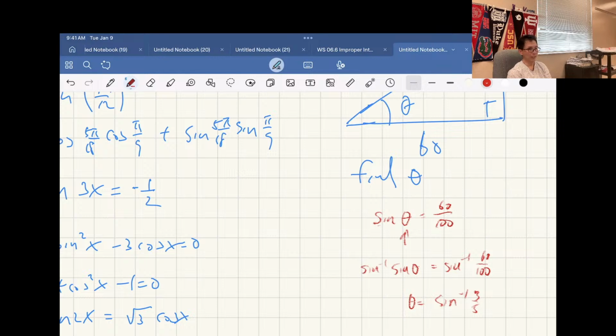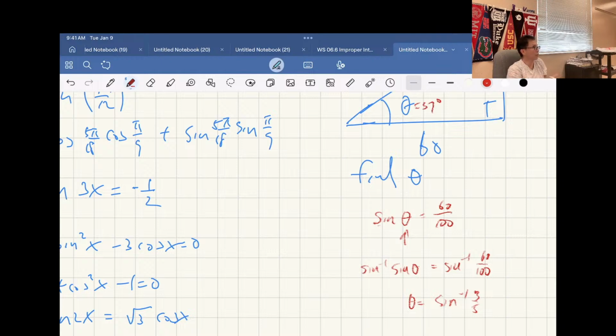Because you're trying to find an angle. You're trying to get rid of cosine, but you cannot divide by cosine on both sides. You have to get rid of it by using the inverse function. It's 36 degrees? 37 degrees.